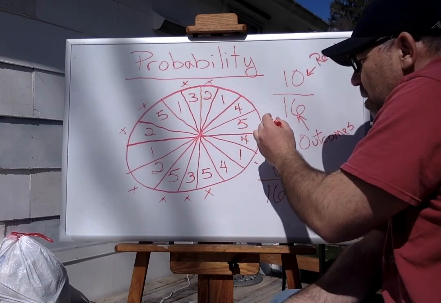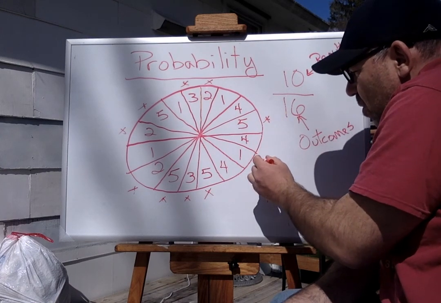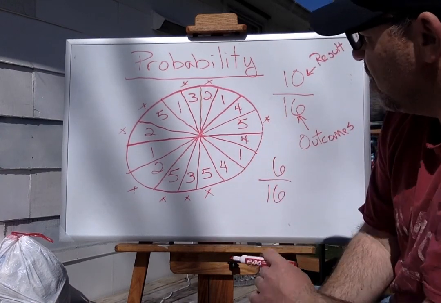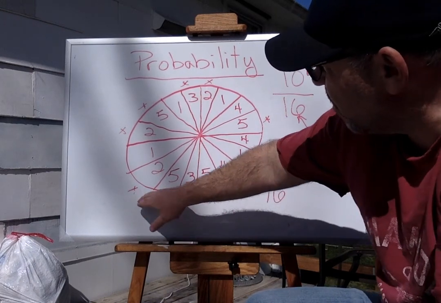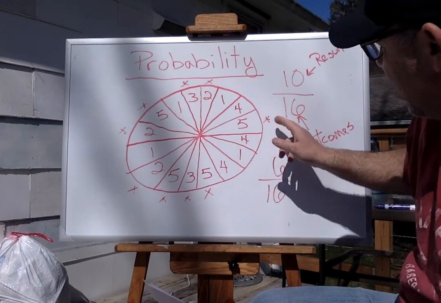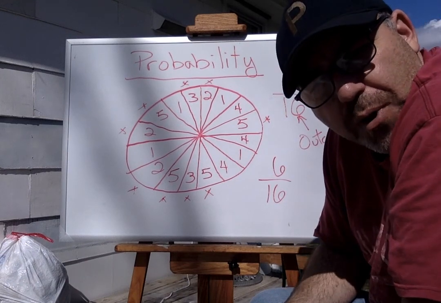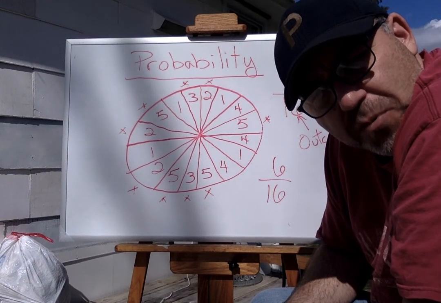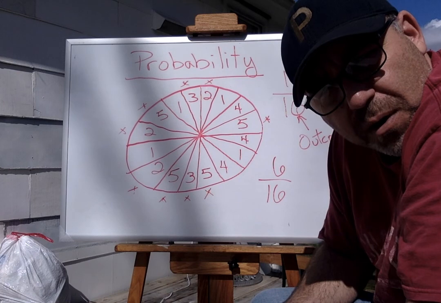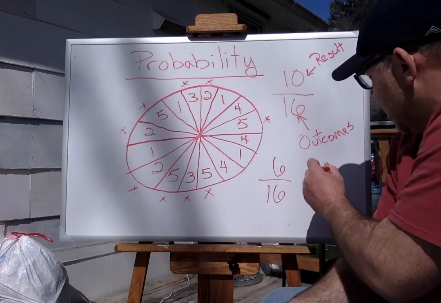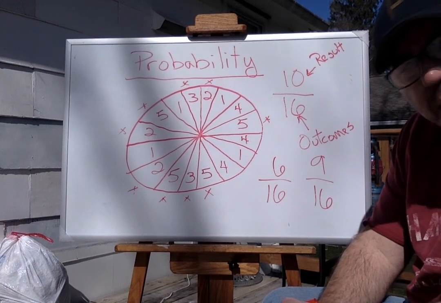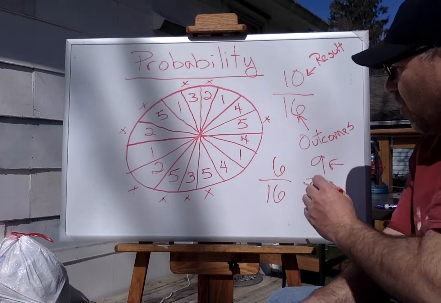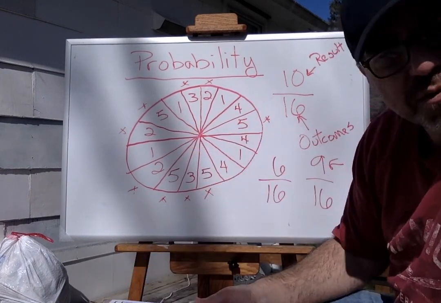So that's not a prime number. 5, 4, 1. So now let's count up how many numbers we got. Let's make sure we got them all. 1, 2, 3, 4, 5, 6, 7, 8, 9. So the probability of you rolling or spinning and landing on a prime number is 9 out of 16. Okay? There are 9 prime numbers in this spinner.